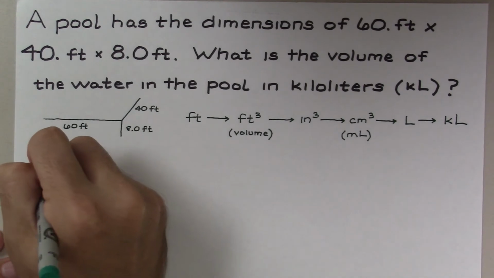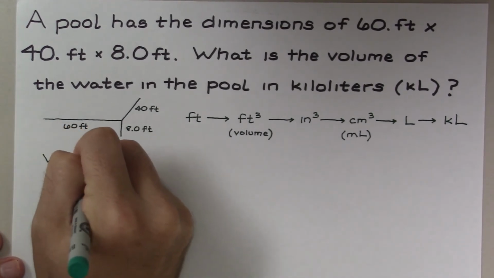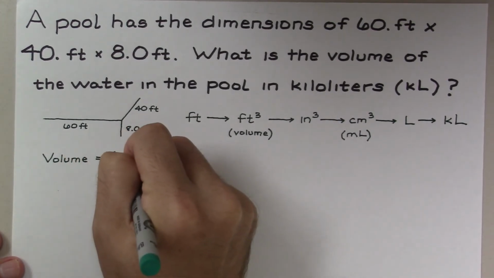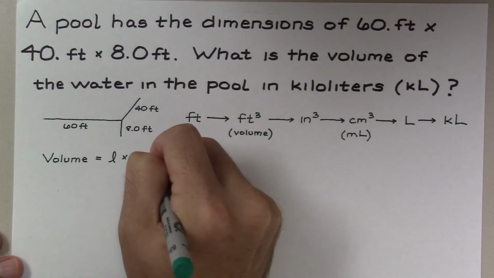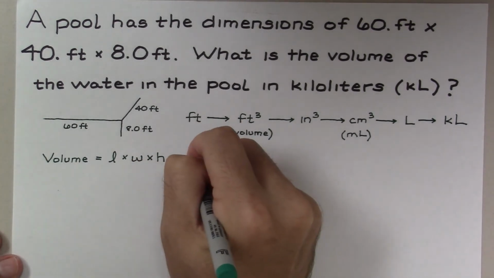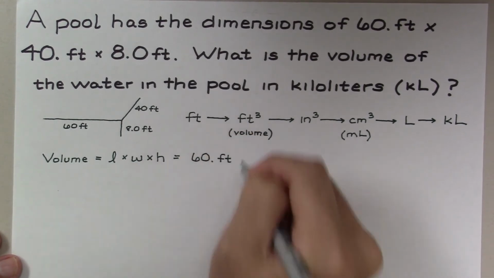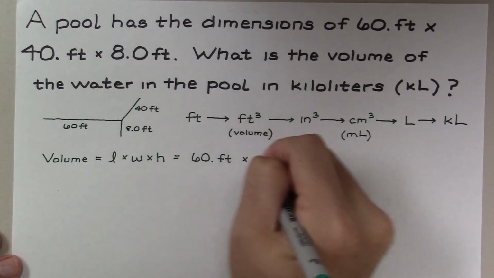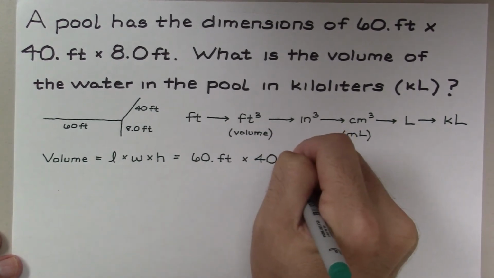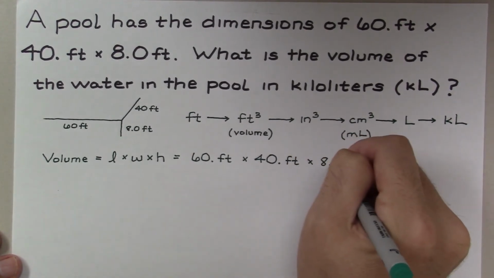The first thing I will want to do is calculate our original volume. This is done by multiplying the length times the width times the height or depth of our pool. This is done by taking my 60 feet, multiplying it by the 40 feet of our width, and finally the 8 feet of our depth.